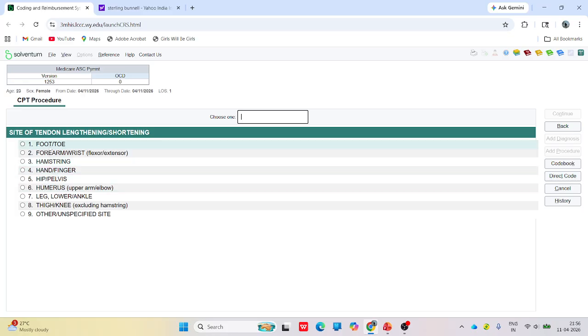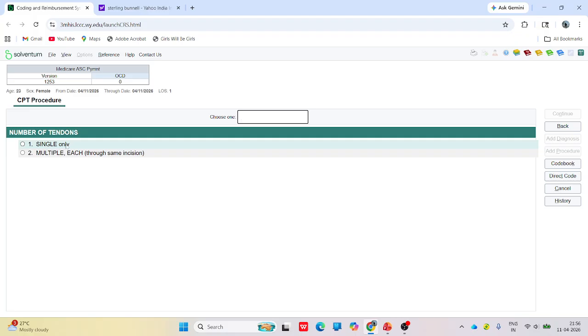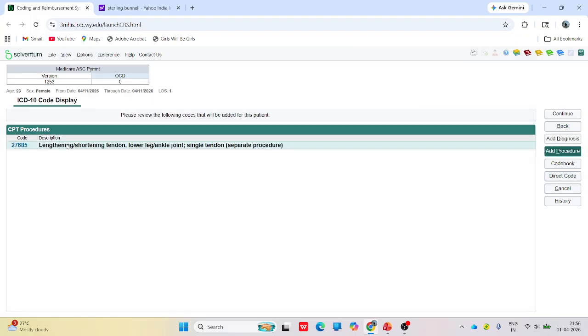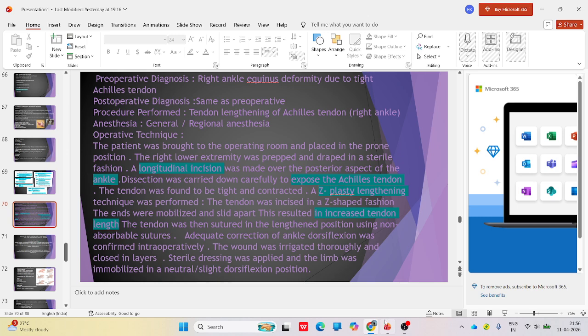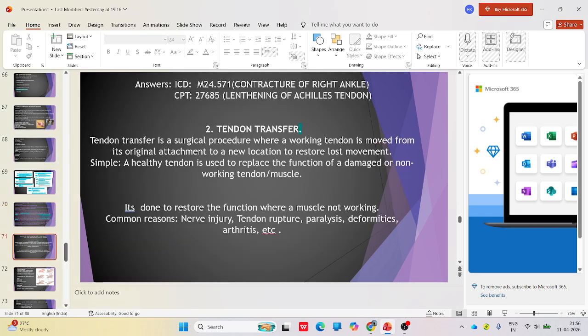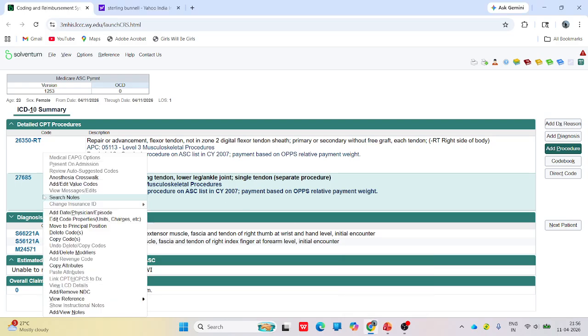So in the ankle, what do we take? Lower leg, ankle. It's not a gastrocnemius tendon. It's another specified single tendon only. Okay, 27685. And we'll append the modifier for the right side.